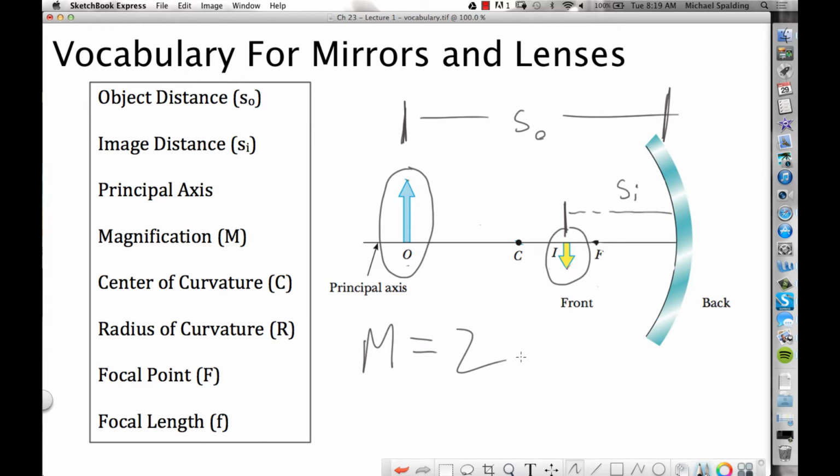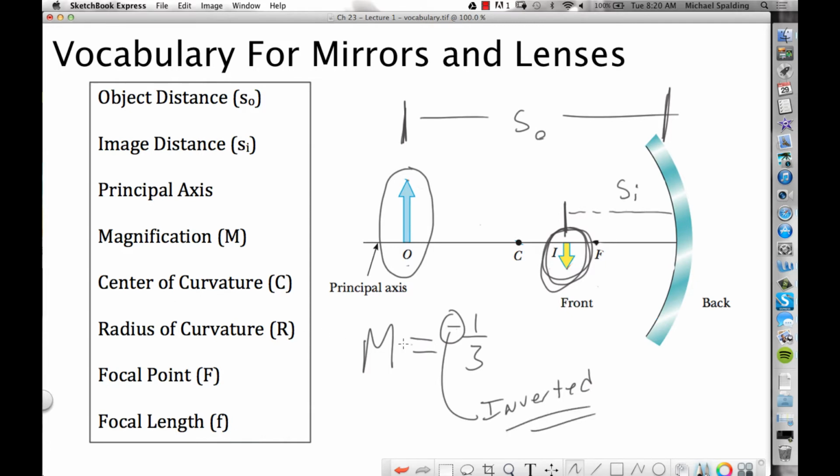If your magnification is positive, that means the image is upright. If your magnification is negative, like it is right here, so for this situation, this would actually be a magnification of negative 1/3. If your magnification comes out negative, negative for a magnification means inverted. Okay, but we'll talk about that on the next screen.